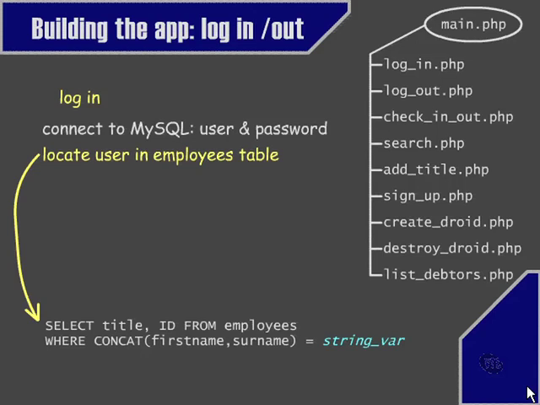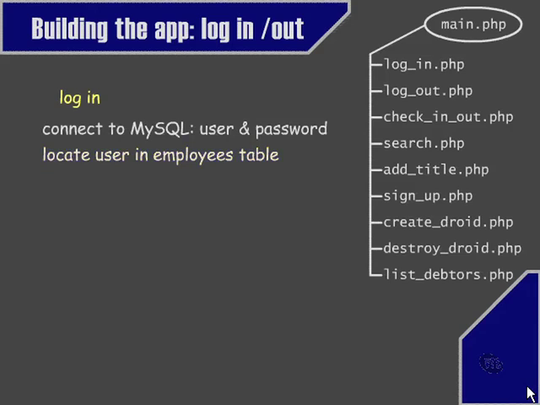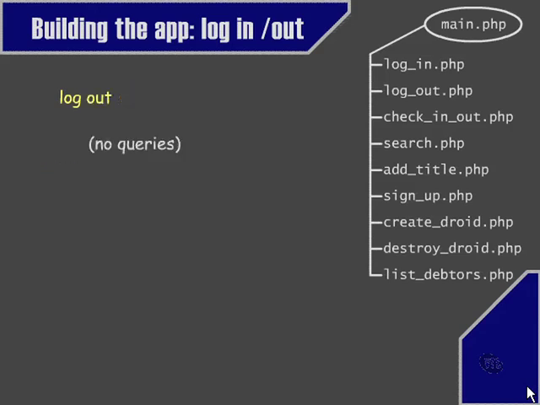I've used the concat function, which is a MySQL function which essentially runs two strings or alphanumeric values together. So the first name and last name on the employees table are going to act together as the username for the employee. The logout script contains no queries at all.